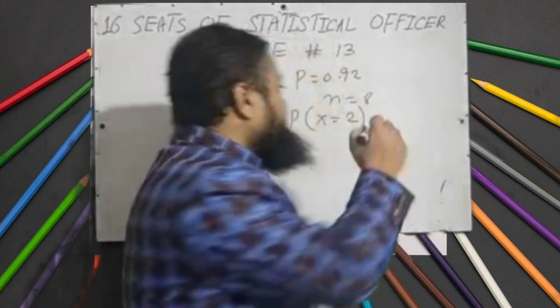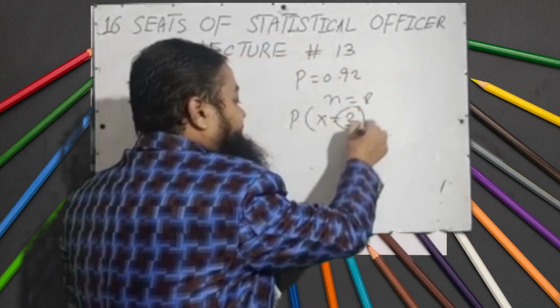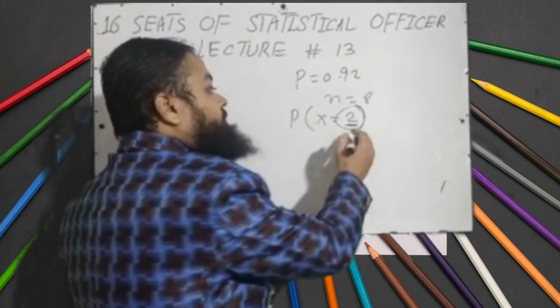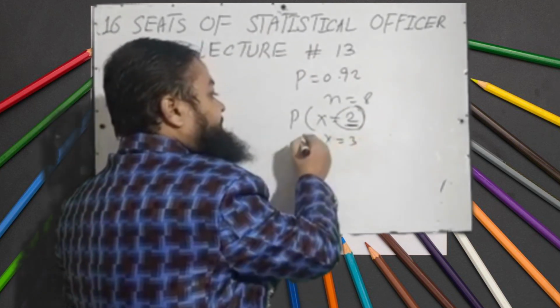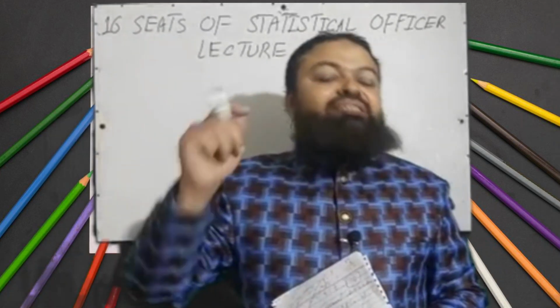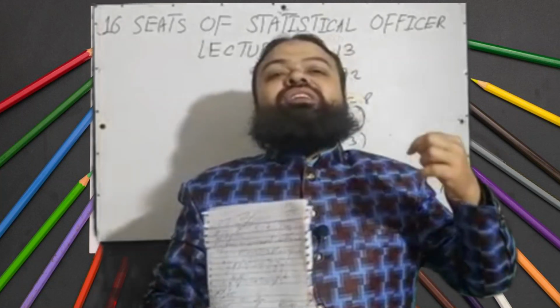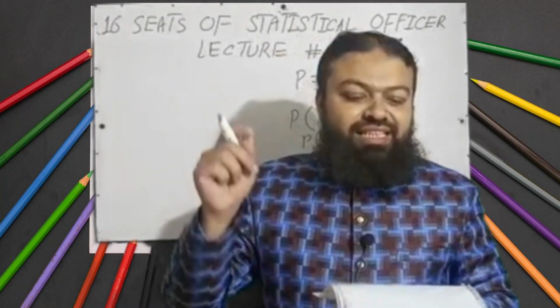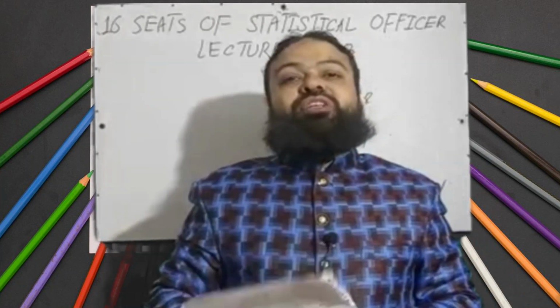Now the random variable is discrete. It is discrete when you have whole numbers. If you want to find out the probability of 3 patients for the survival from a particular disease, it is a discrete random variable. In all these cases, we use binomial distribution. Discrete random variable is the correct option in the exam.